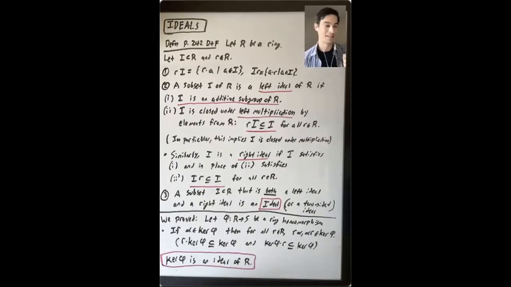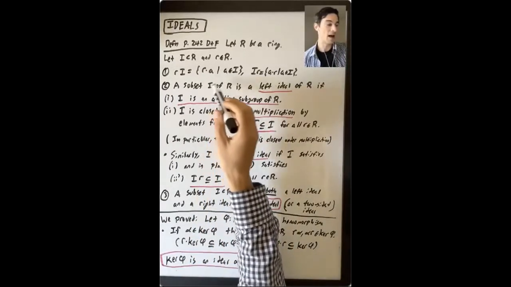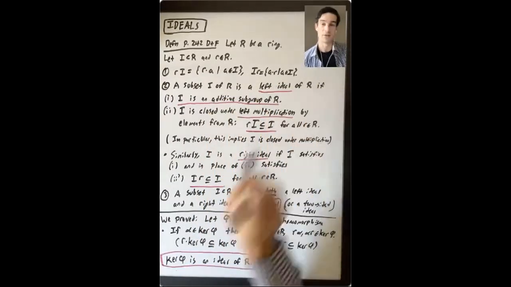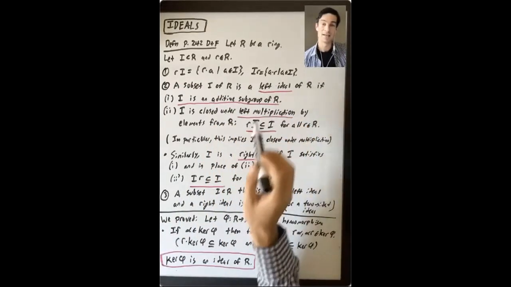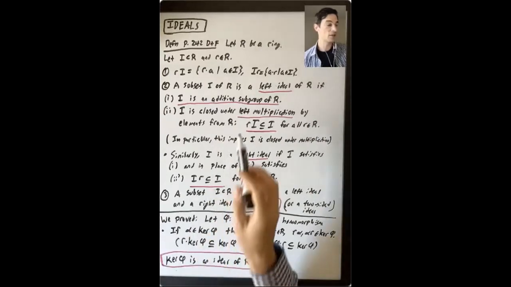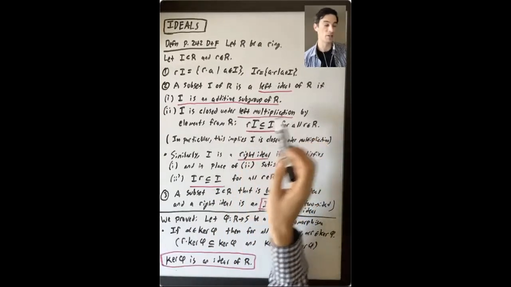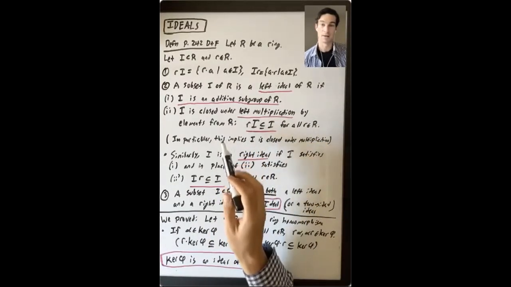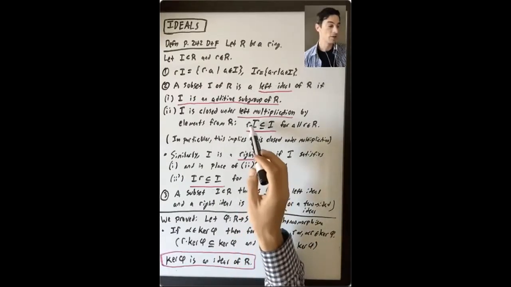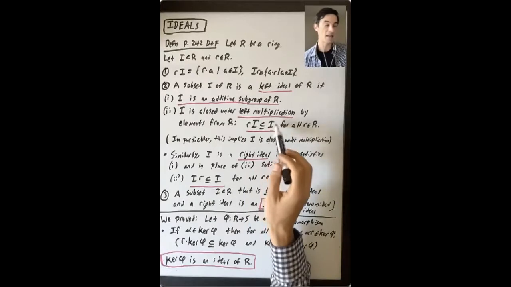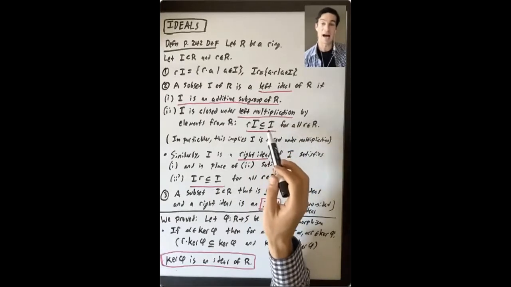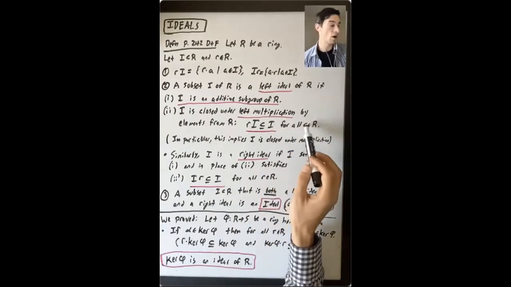All right, let's give this definition. A subset I of R is a left ideal of R if it's an additive subgroup of R and it's closed under left multiplication by elements from R. What does that mean? You take the subset r times I, and that has to be contained in I for any r in the ring.